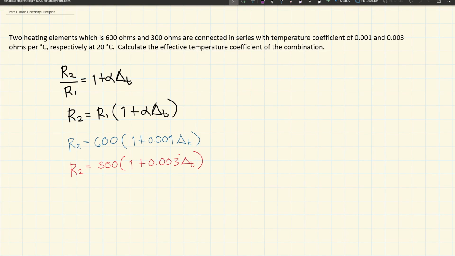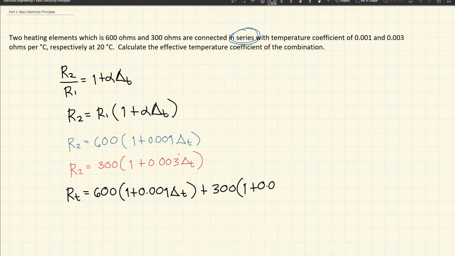Since the two heating elements are connected in series, we have to add the two final resistances. So R total is equal to 600 times 1 plus 0.001 delta T, plus 300 times 1 plus 0.003 delta T. This will be our equation 1.